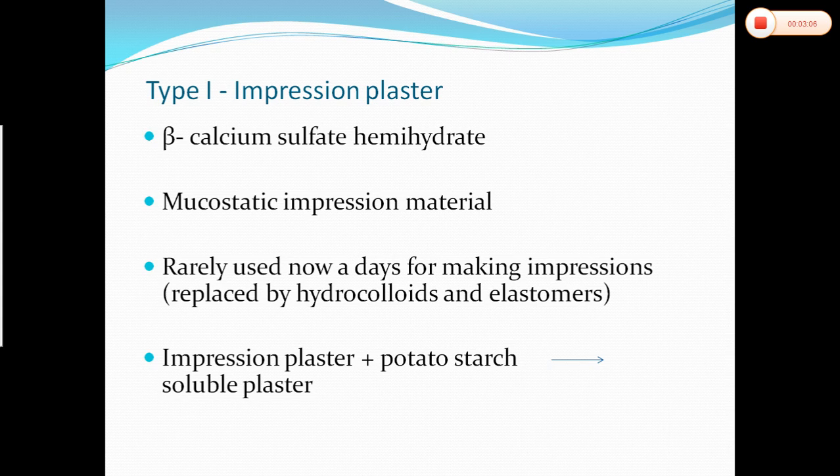This plaster is modified by adding potato starch so that it becomes more soluble and helpful for making impressions. So impression plaster contains potato starch. That's why previously they used it for making impressions.